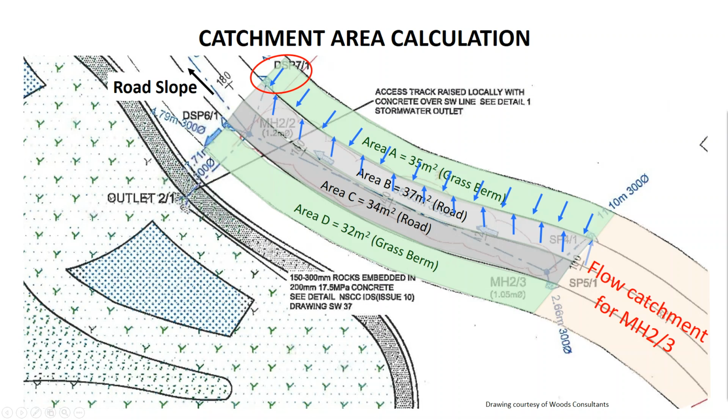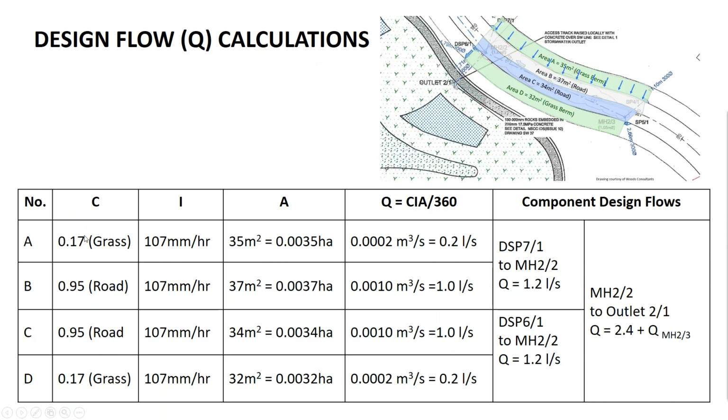So let's put it into the calculation. We've got area A. The C is 0.17. If you go back a slide, you'll see that 0.17 is for grass with clay, which is what this is. The I is 107, which we got from that table that I showed you.